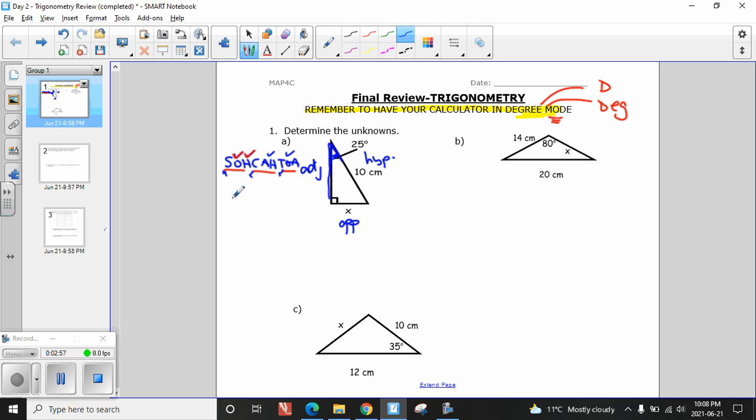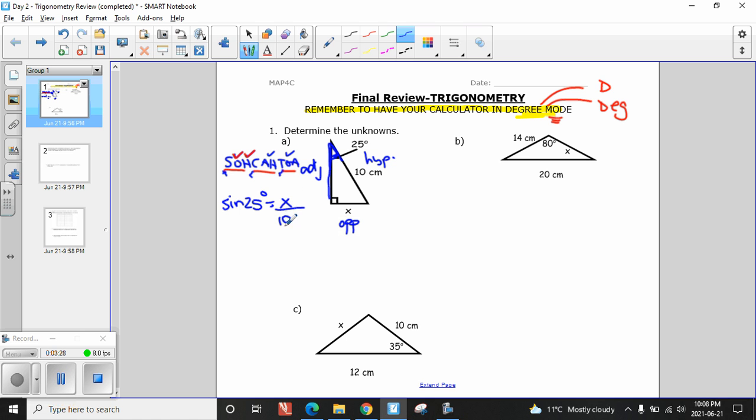So we're going to be making a sine equation for 25 degrees, which is the given angle. Sine of 25 degrees is opposite x over hypotenuse 10, and I'm going to be solving that one for x.